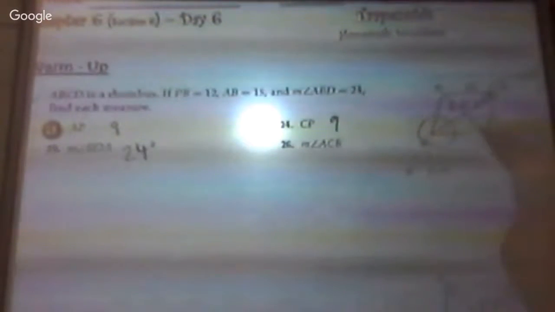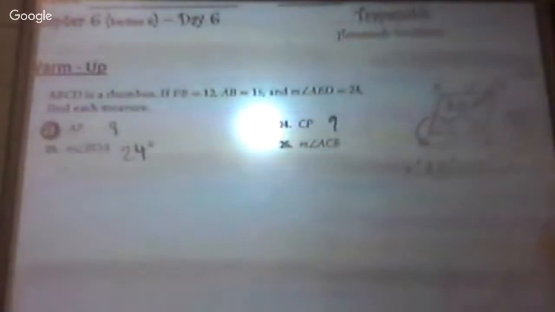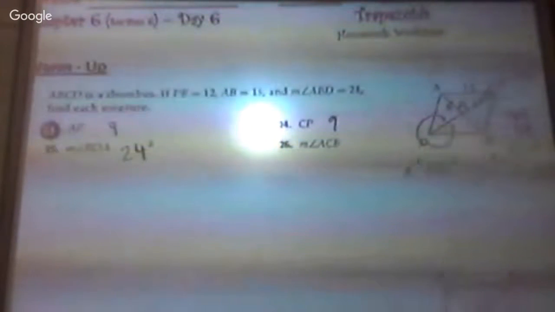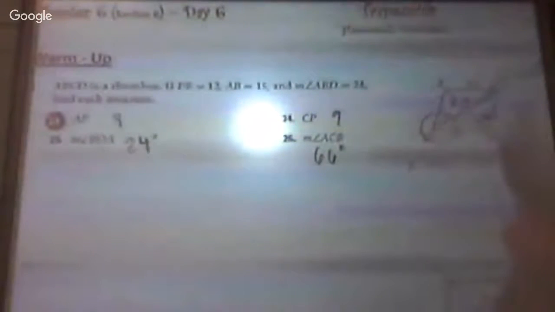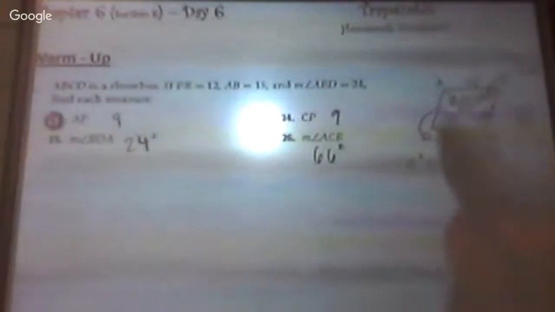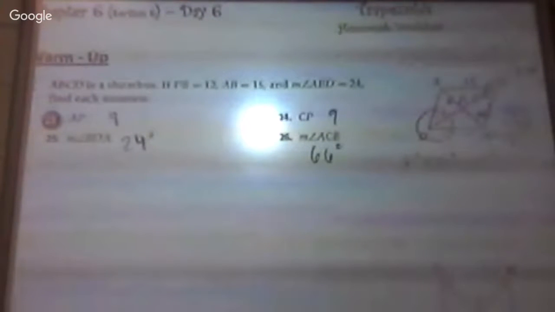This is 180 minus 48, and you get 132, and then half of 132 is 66 degrees. So that's what this angle measure is, 66 degrees, because both of these add up to 180. So we just use some 180 stuff, subtraction.